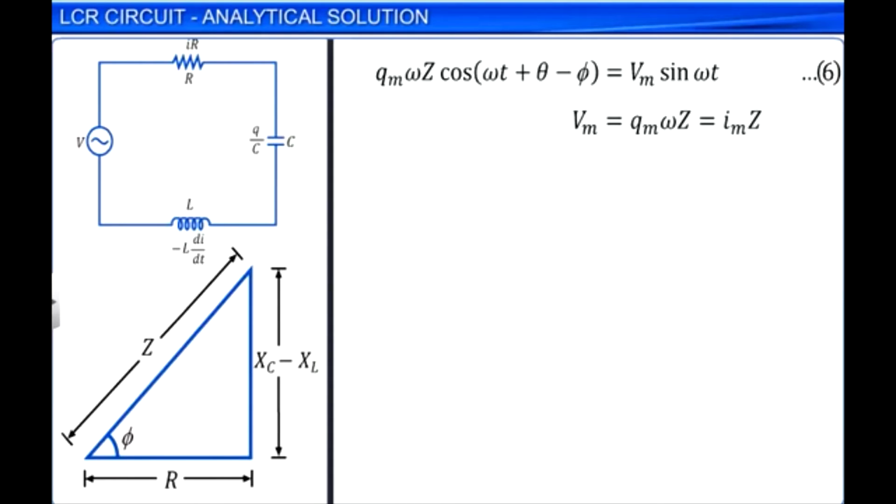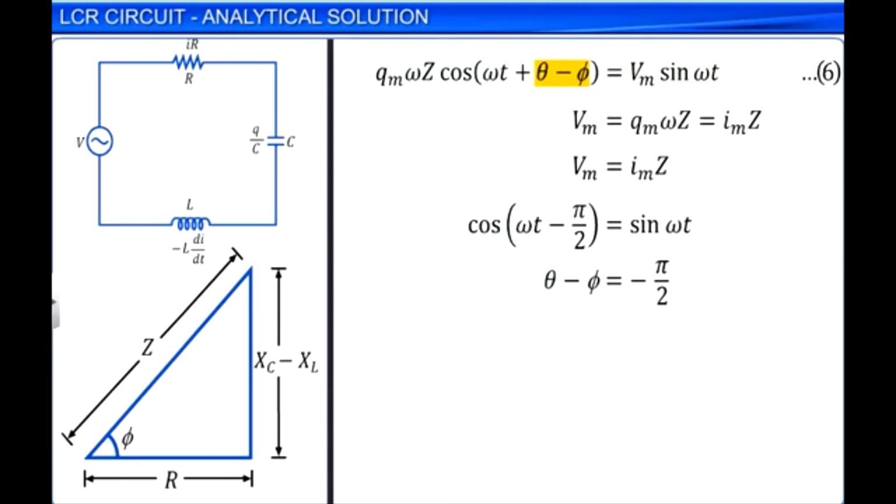Also, as cos(ωt minus π/2) is equal to sin ωt, we have θ minus φ equal to minus π/2. From equation 3, for the instantaneous current, I is equal to Qm ω cos(ωt + θ).